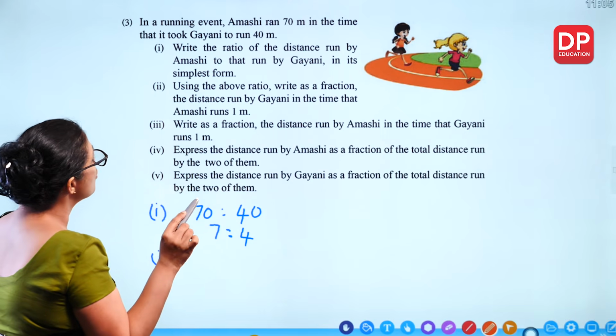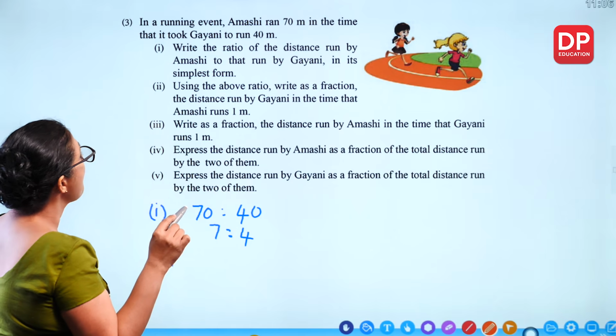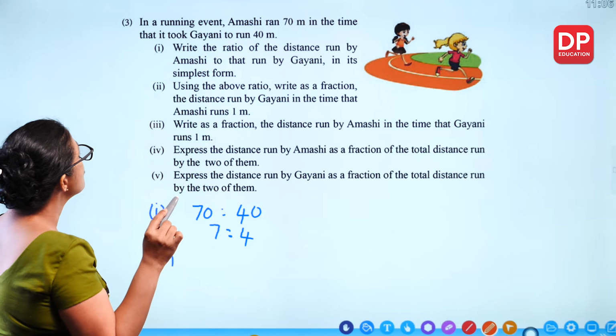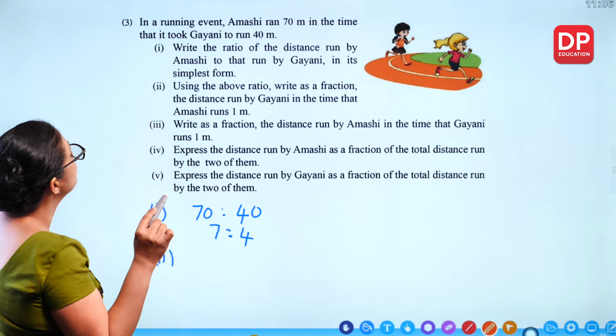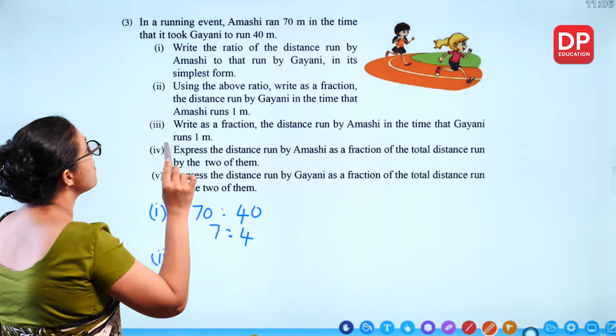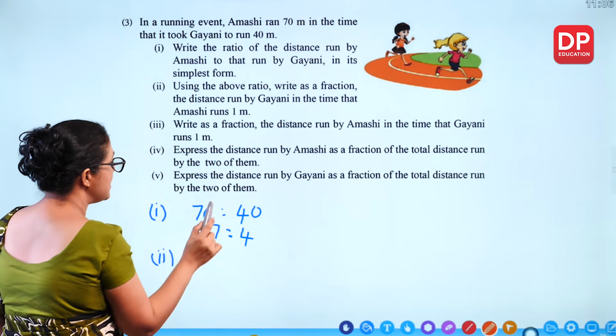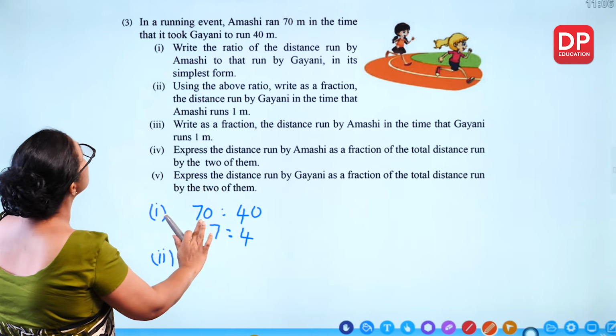Using the above ratio, write as a fraction the distance run by Gayani in the time that Amashi runs 1 meter. So which one is Amashi? The first.